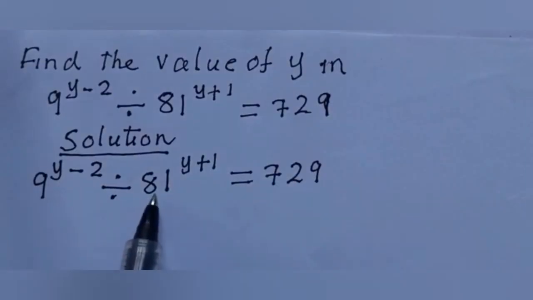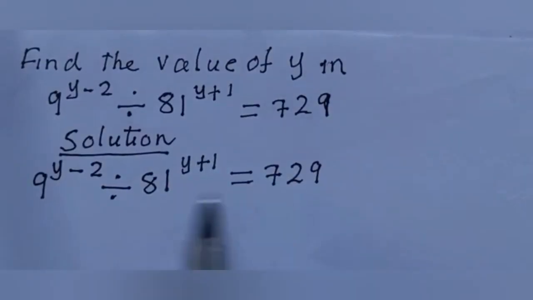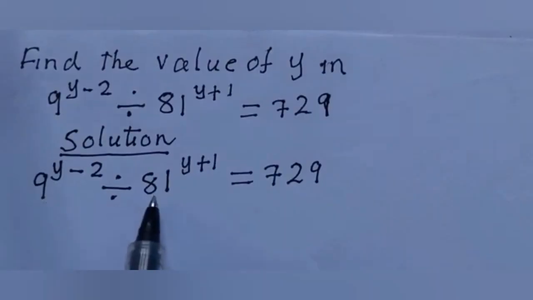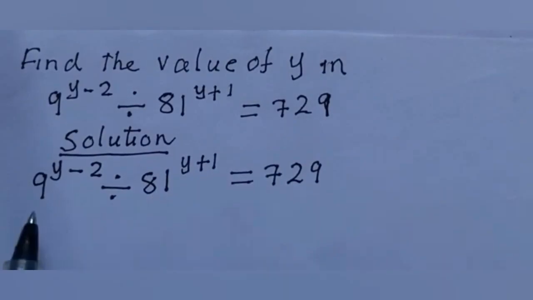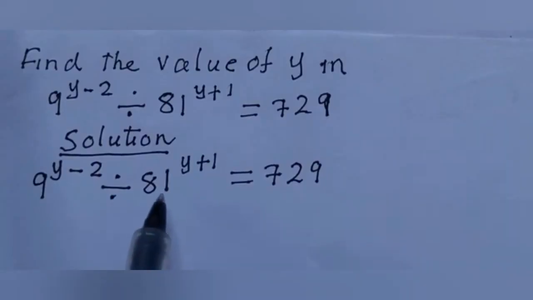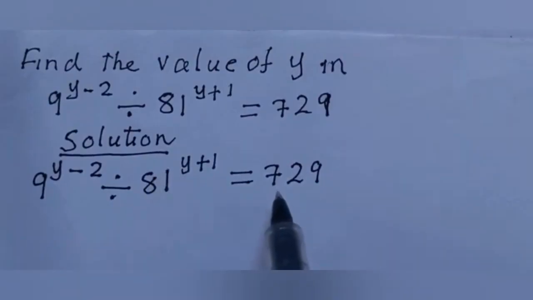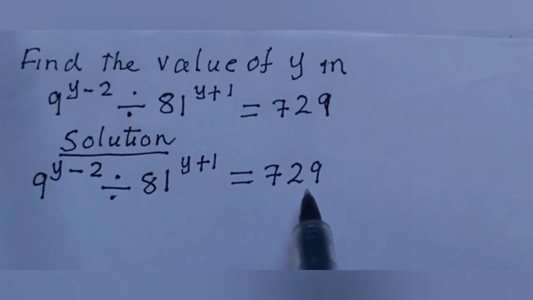We can deal with this part and this part. We want this part and this part to have the same base, which is 9. We know 81 is 9 power 2, and 729 is 9 raised to power 3.